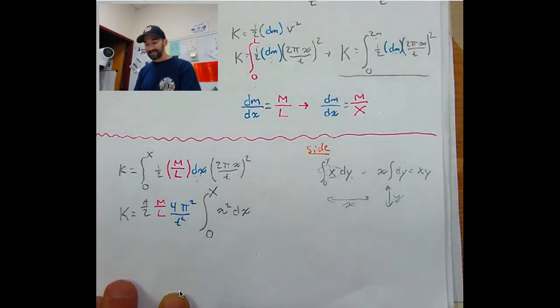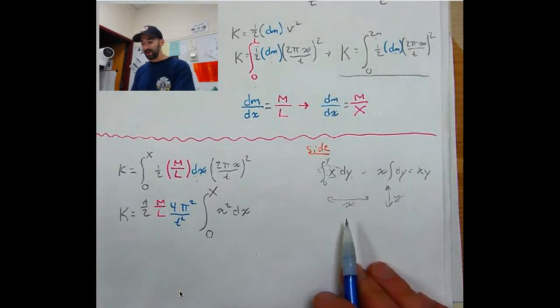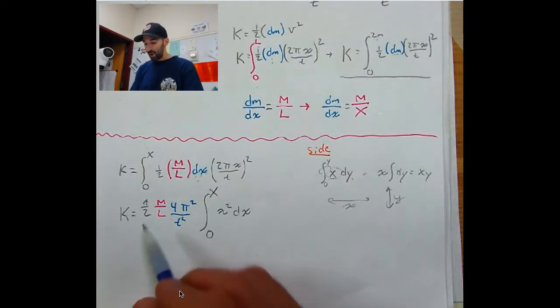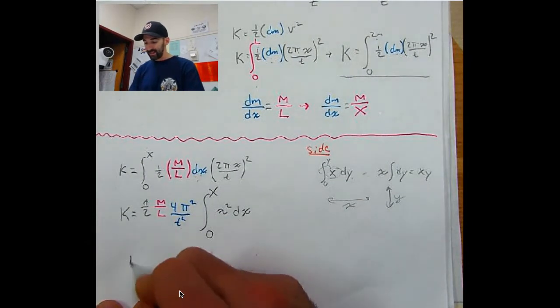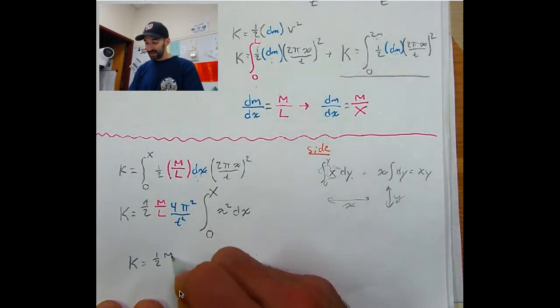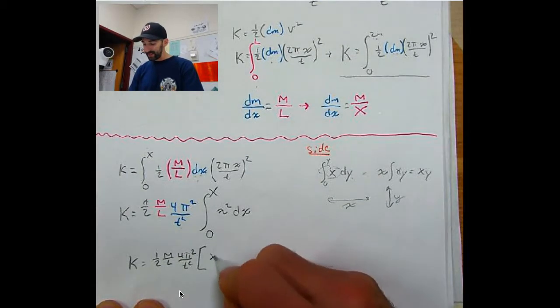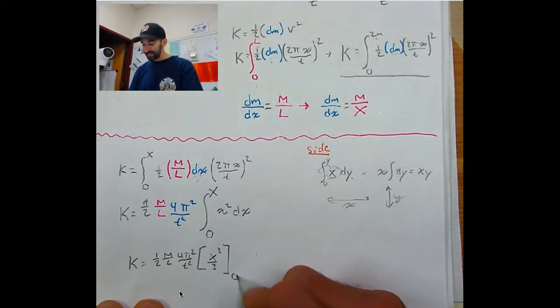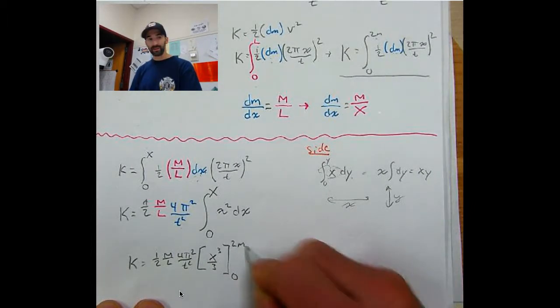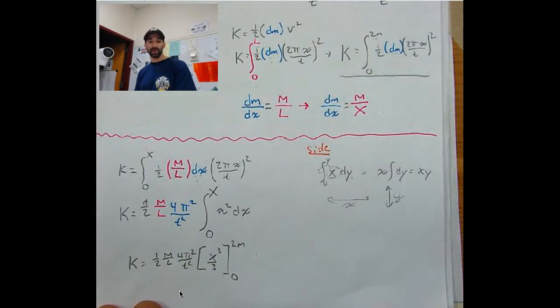And this is simple calculus from this point. When I do this, all of those things stay. K is equal to 1/2, that didn't change, the L didn't change, 4 pi squared over t squared times x cubed over 3 from 0 to 2 meters for the entire length of my bar.